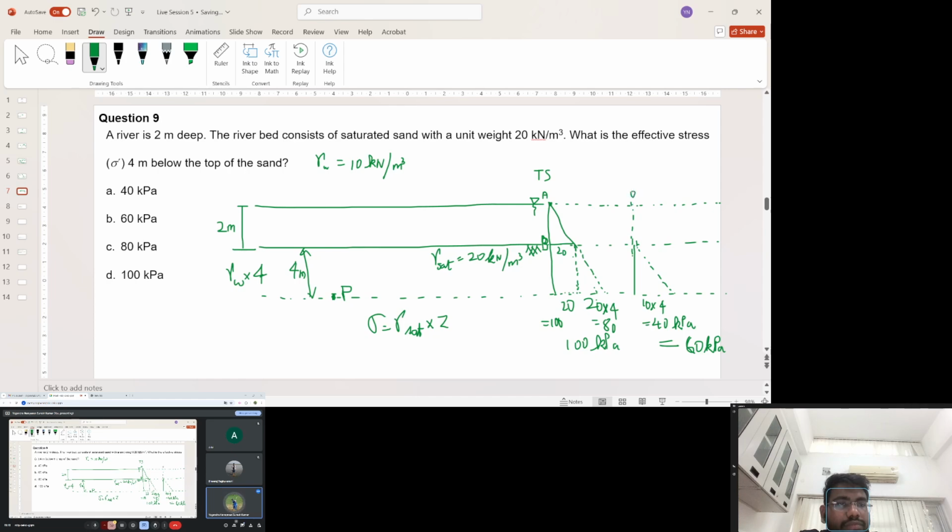So it will be 0, will be 20, will be 40 plus 20, it will be 60, right?